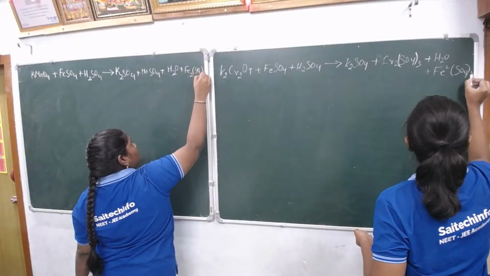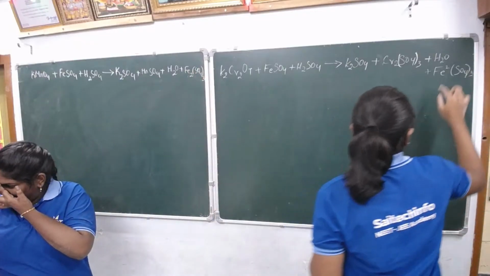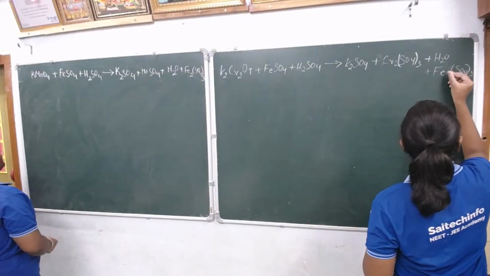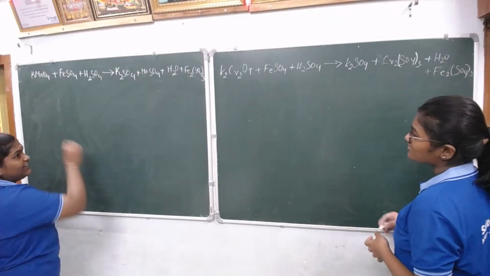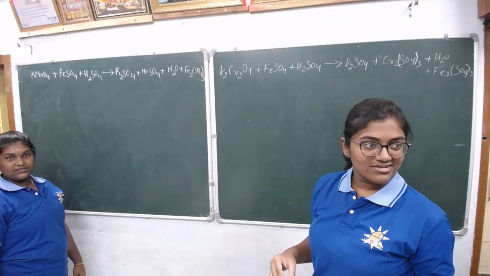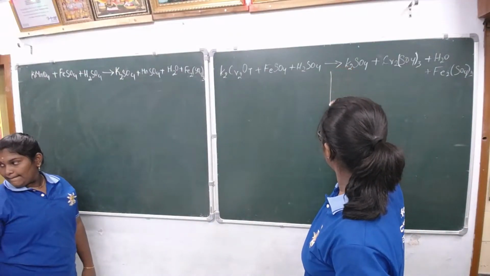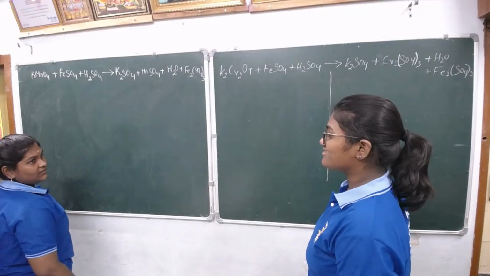And you are supposed to do this by oxidation number method. You have to do all the three, and you can do by algebraic method. But we should follow the half cell method. Sir, we have to follow the oxidation number method.